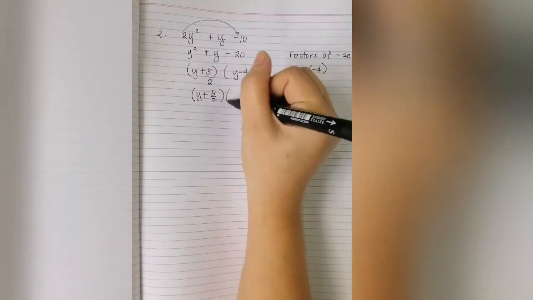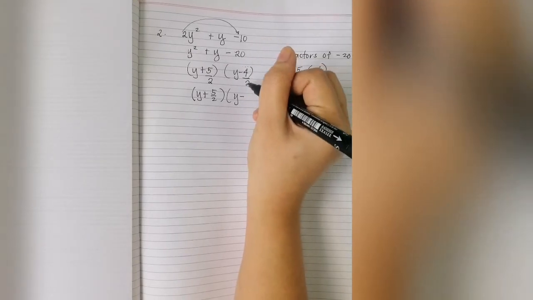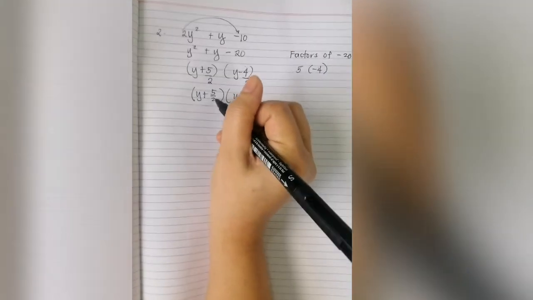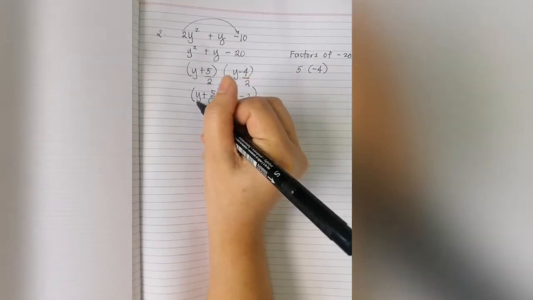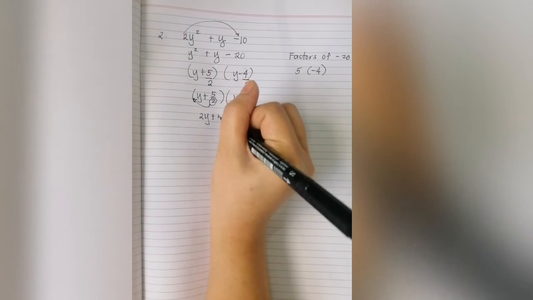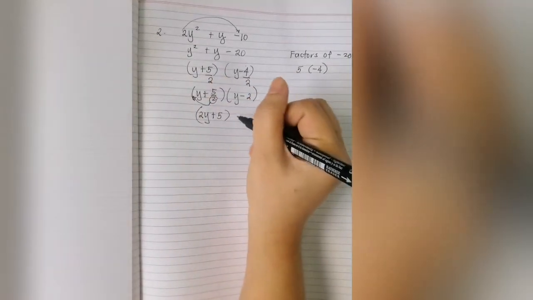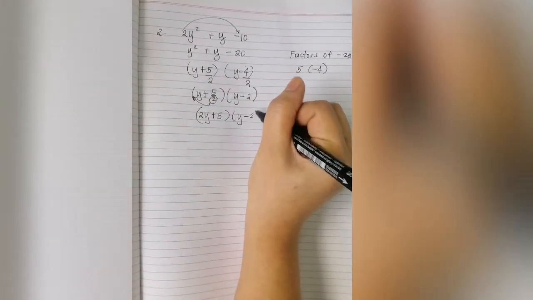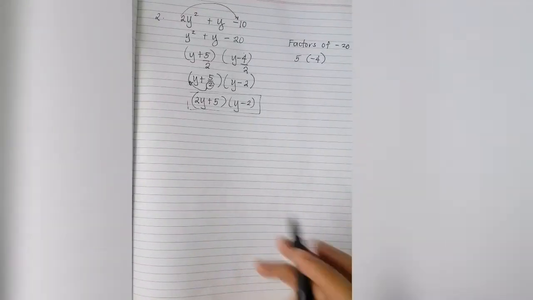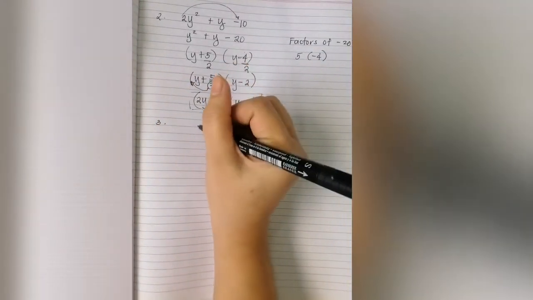Ito pwedeng i-divide. 4 divided by 2 is 2. And lastly, so itong fraction na to, slide natin siya doon. So, magiging 2y plus 5 and y minus 2. So, these are the factors. Now, let's have our last example.